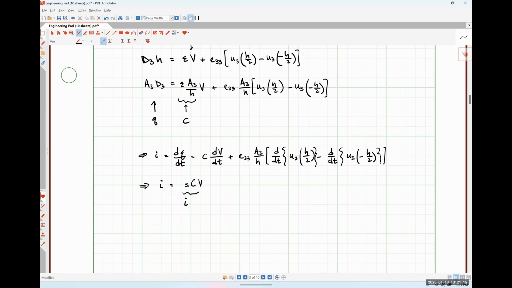So this is just our conventional AC current because we have a capacitor, plus S times E33 A3 over H times U of H over 2 minus U of negative H over 2, where S is just the Laplacian operator because we are in the frequency domain, or the Laplace domain.